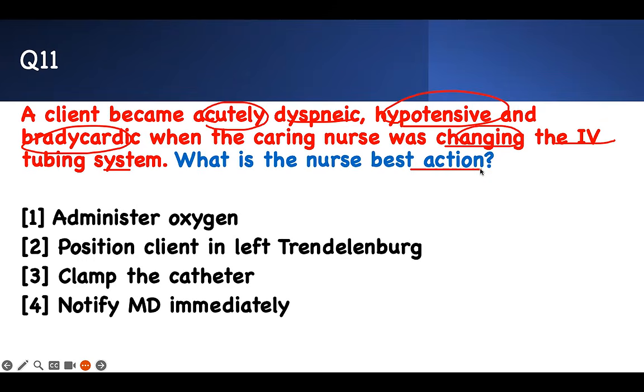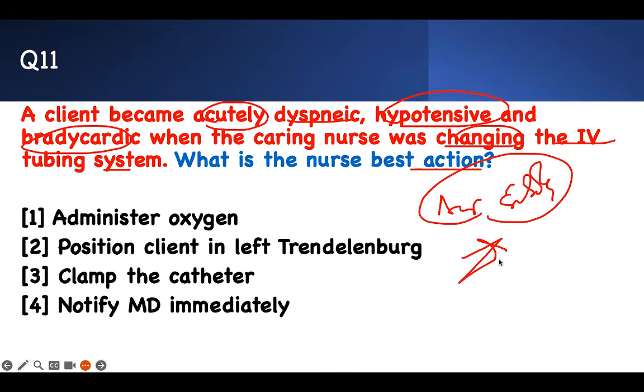When you pull the line, air basically gets sucked in and you have an air embolism. The first thing you should do is prevent ongoing air embolism. Giving them oxygen does not fix it. Positioning them in the left Trendelenburg is appropriate, but if you leave the source, there's still air coming in. Clamp the catheter is best.